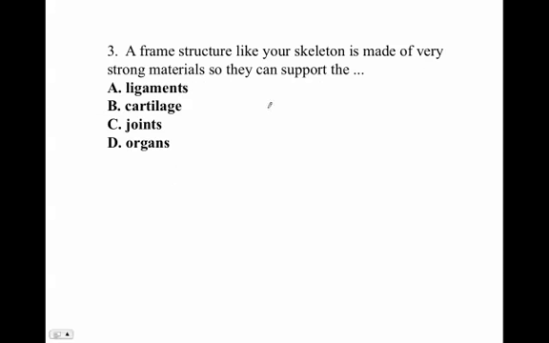A frame structure, like your skeleton, is made of very strong materials so they can support the bones of our body. Our skeleton helps support and hold up our organs.